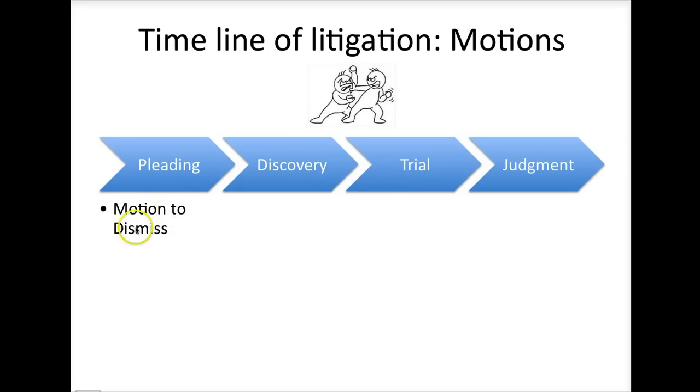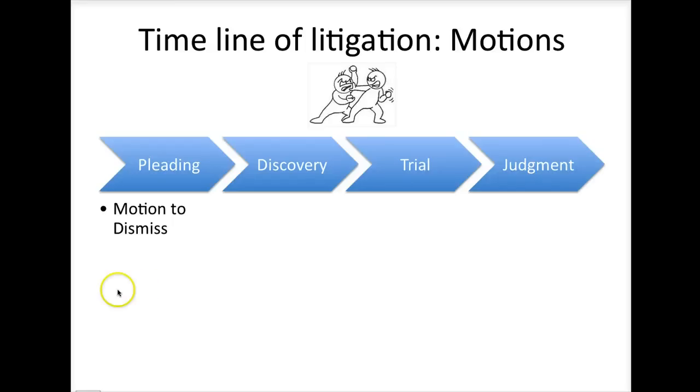When a court's considering a motion to dismiss the complaint, the court must believe all the facts in the complaint and yet still decide, even if I believe everything in the complaint, the defendant must win, so I must enter judgment for the defendant.